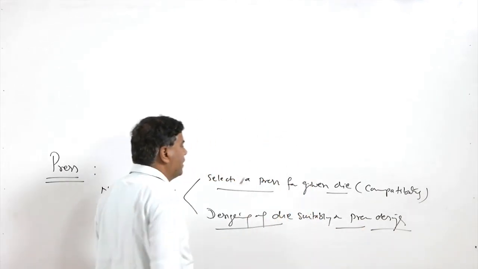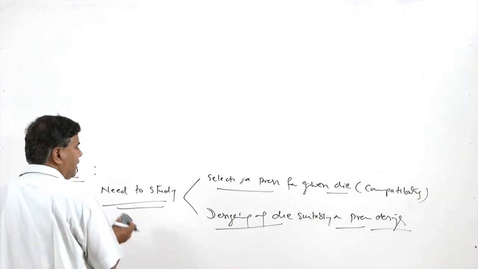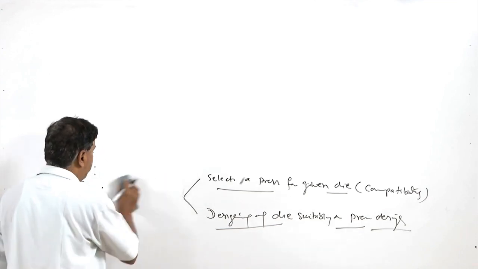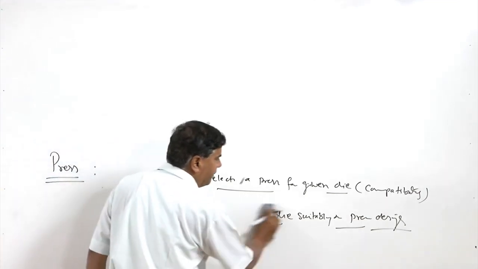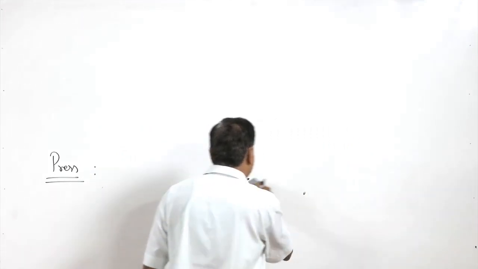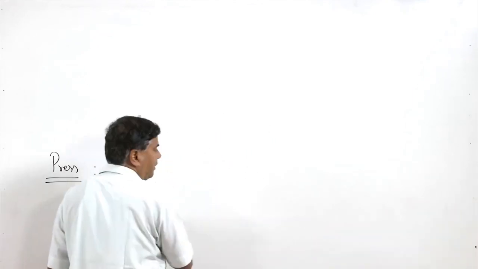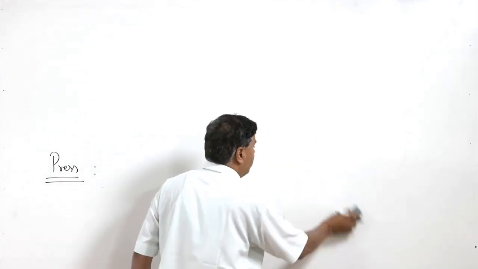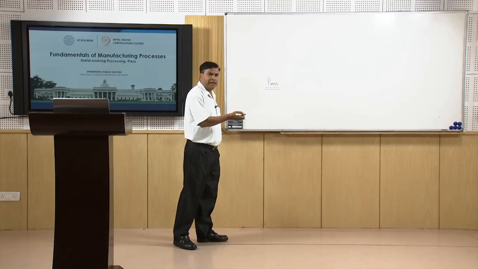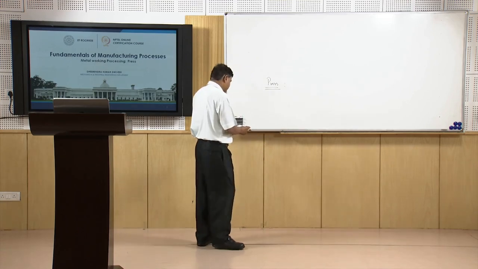So it is either way: a suitable press can be selected for a given die, or the die design can be developed if we are aware of the kind of press which is there. Better understanding about the presses helps in selection of the presses as per the compatibility with the die, or it helps in designing the die in such a way that the die is compatible with the press.